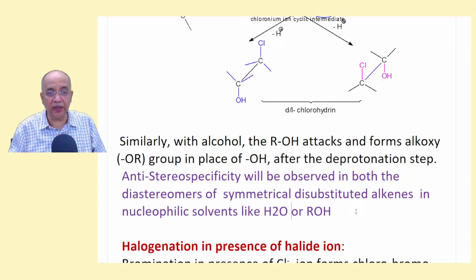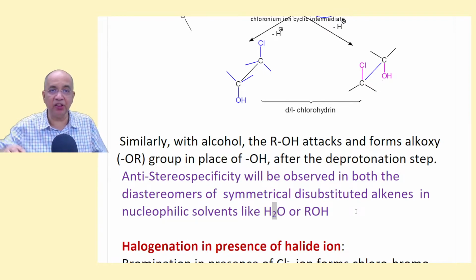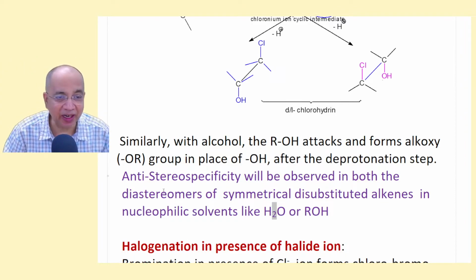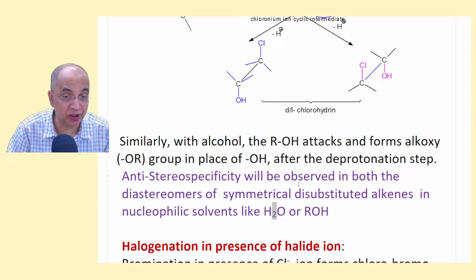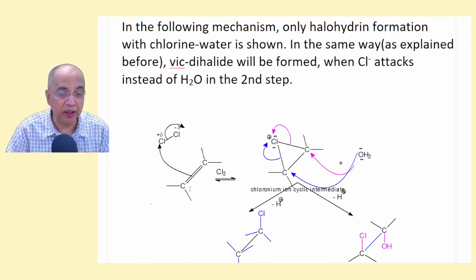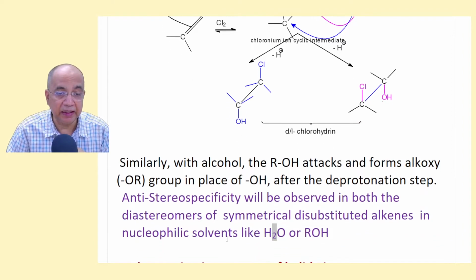There also you get anti-stereospecificity. Well, I say anti-stereo, I mean this. I will show you. So anti-stereospecificity will be observed in both the diastereoisomers, I mean cis and trans, of symmetrical disubstituted alkenes in nucleophilic solvents like water and alcohol.